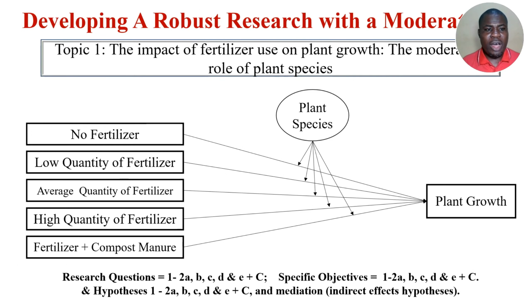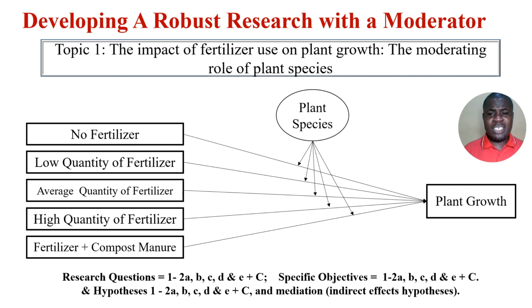The next part is to present the moderator variable. So let us look at this title: the impact of fertilizer use on plant growth, the moderating role of plant species. So in this case, still decomposed, the independent variable here, you can see the moderator variable is the plant species.